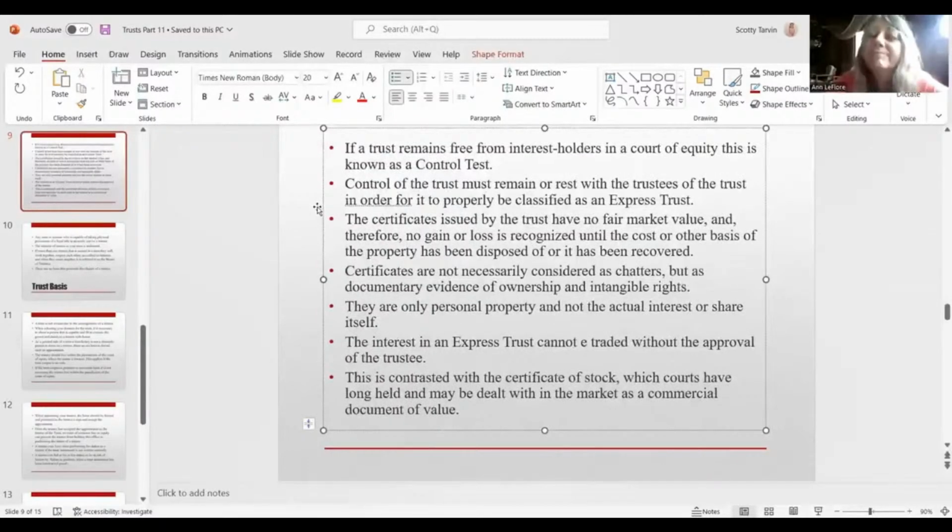The certificates issued by the trust have no fair market value, and therefore no gain or loss is recognized until the cost or other basis of the property has been disposed of or it has been recovered.